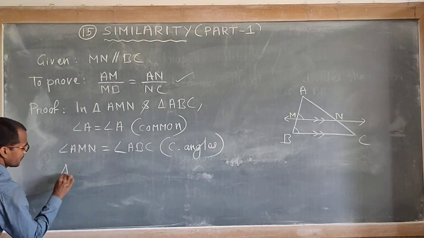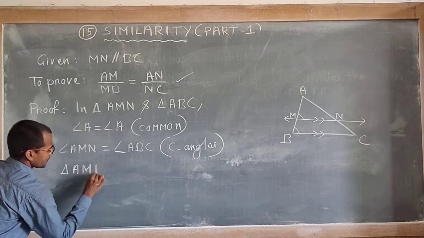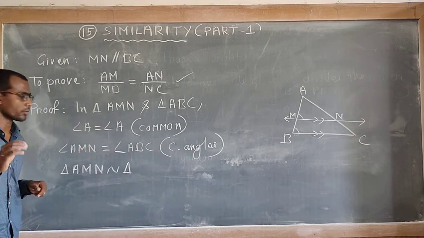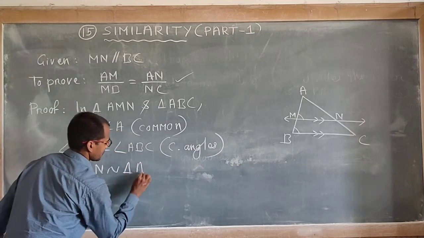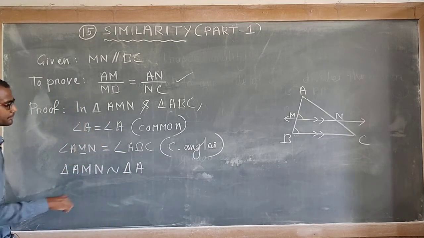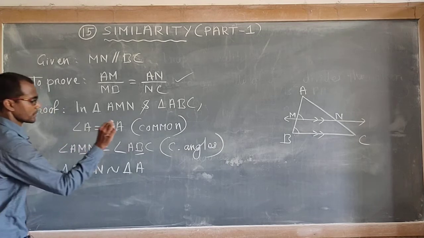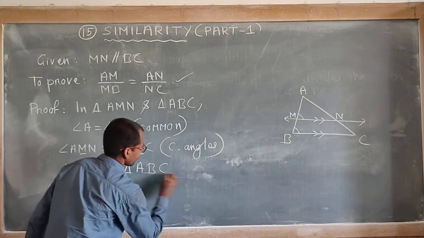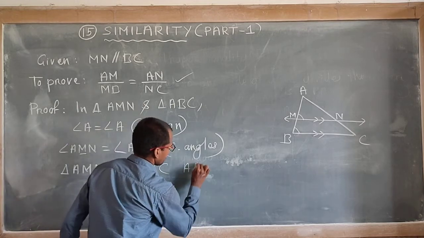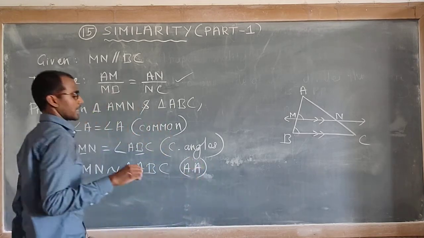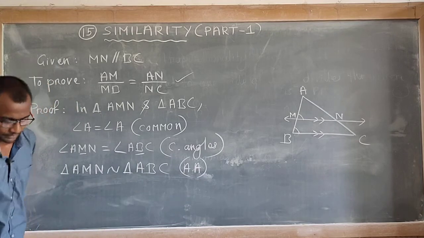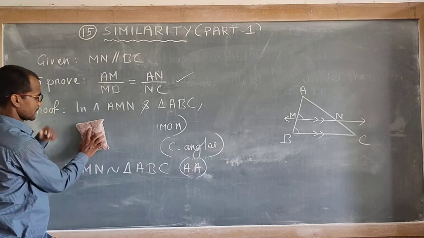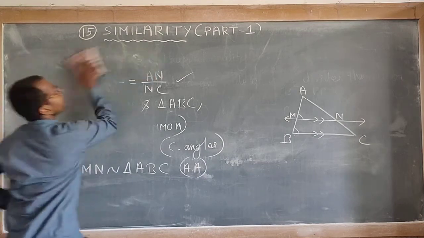So these two triangles should be similar. Let us find the order: A then A, M corresponds to B, M middle means B middle. So triangle AMN is similar to triangle ABC by the AA postulate. We prove similarity, and slowly we will move towards this.